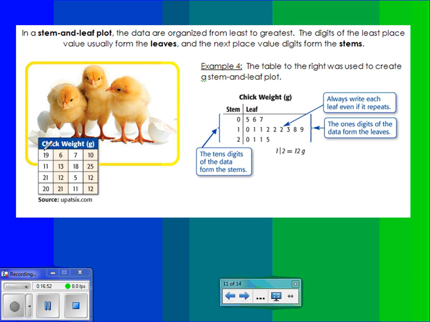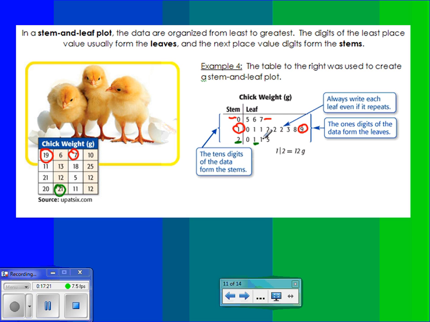So let's take a look at this. When we have the number 19, we can see it on the stem and leaf plot here. The tens place is a 1, and the ones place is a 9. There's the 19. When we have the number 7, the tens place is a 0, and the ones place is a 7. So there's the number 7. When we're looking for the number 21, the tens place is a 2, and the ones place is a 1.